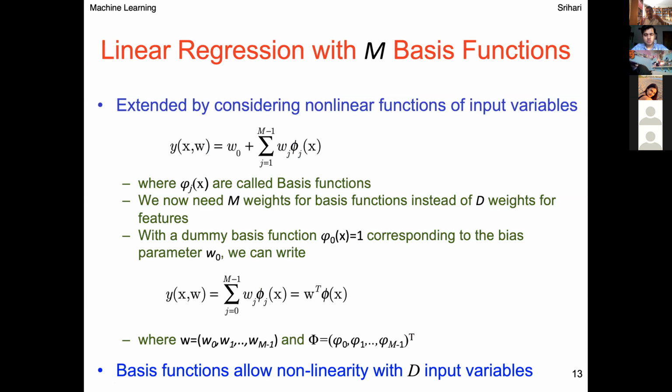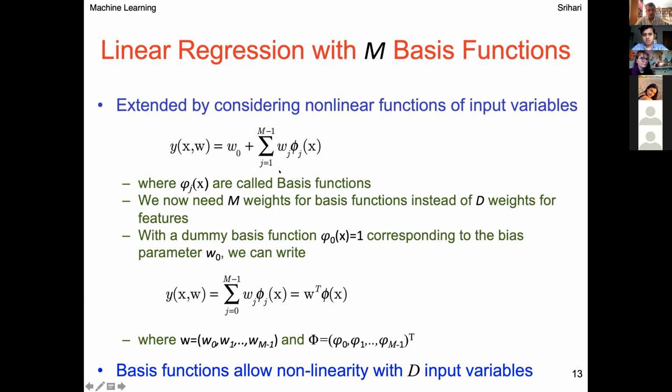You see we're taking this huge vector x and replacing it with some other vector phi j, which is a function of that x. And the dimensionality of that phi j may be much smaller than the dimensionality of the x itself. And these phi j of x are called basis functions.